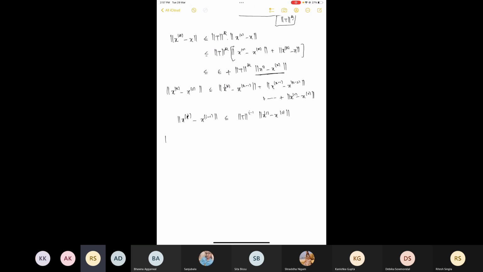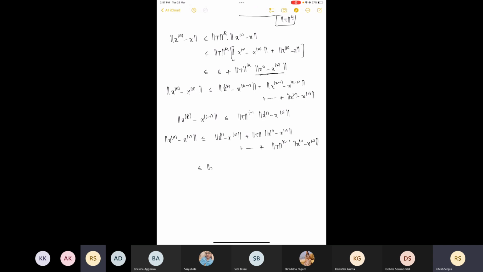So norm of x capital K minus x0 will be less than or equal to norm x1 minus x0 plus norm T times norm x1 minus x0 plus and so on. The last one will be norm T to the power capital K minus 1 times norm x1 minus x0.